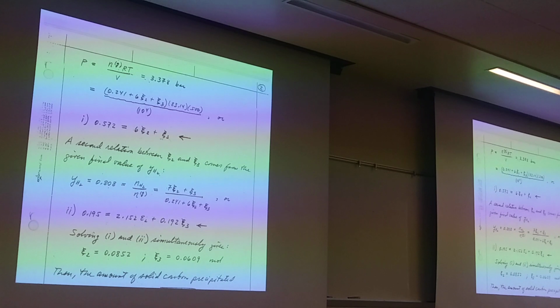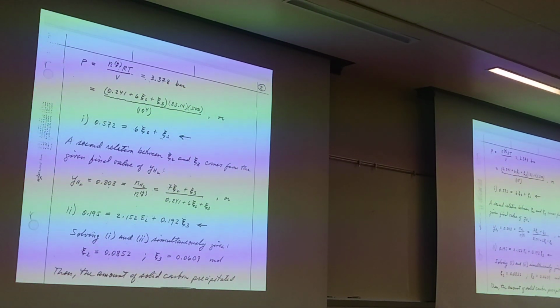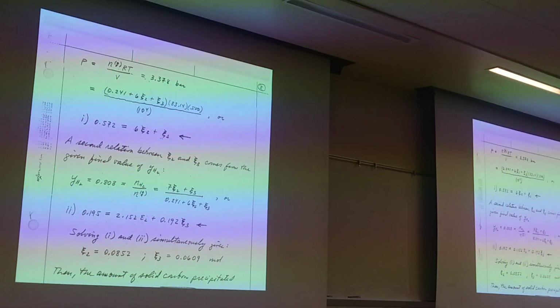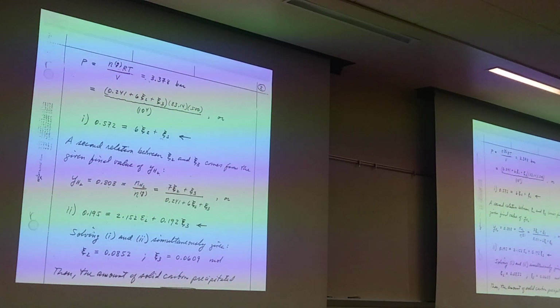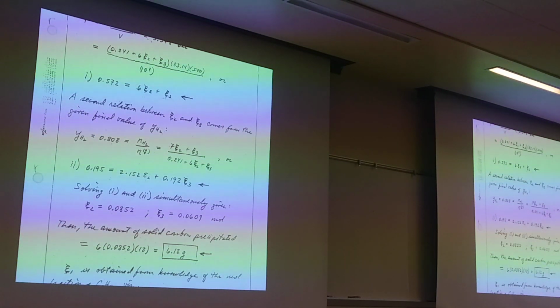Now, the second relation between ξ2 and ξ3 comes from the given final value of the mole fraction of hydrogen. So I write out the expression for that in terms of the ξ's, and I get for the second relationship what I've shown here, and I see that it's fortunately just ξ2 and ξ3, so I have 2 equations and 2 unknowns. At this point, I might as well solve for both of them, and I do.